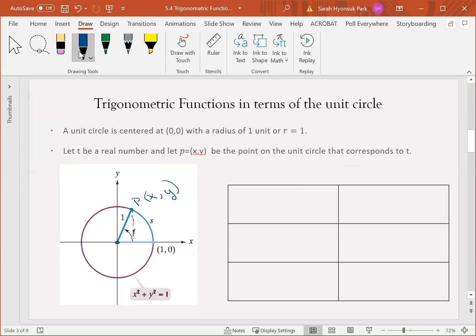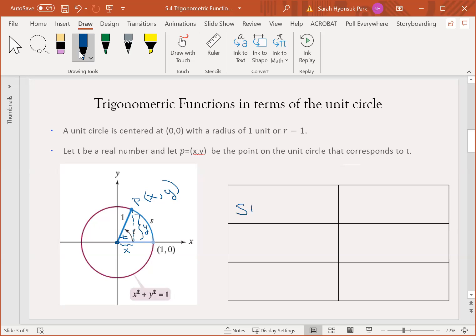So here's our triangle. In a unit circle, instead of calling the angle theta, we call the angle T. So this is T. In that case, our adjacent side we label X, our opposite side we label Y, and our radius is 1.